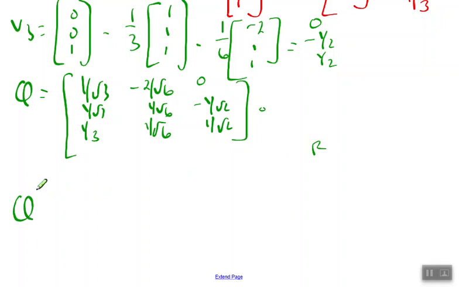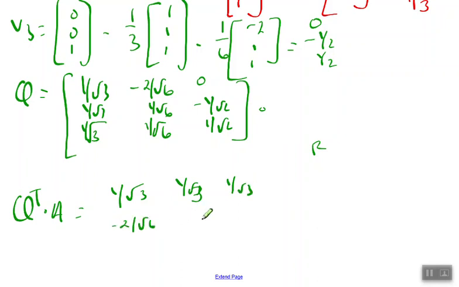But in order to figure out what R is, you got to do Q transpose times A, which is going to be 1 over rad 3. It looks like I left out a radical 3 there. 1 over radical 3, 1 over radical 3, 1 over radical 3, negative 2 over radical 6. So that second column is becoming the second row, and the third column is becoming the third row.